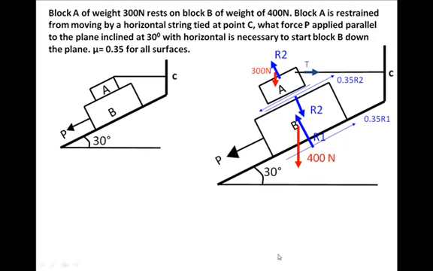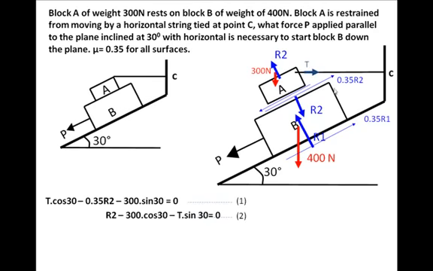So when we do that, for the first body, sigma Fx, that is all forces in the x direction, comes to T cos 30, because this angle T makes with this incline is 30, minus 0.35 R2, and minus 300's component in the plane direction, that is 300 sin 30. Similarly, in the y direction, it will be R2 minus 300 cos 30 minus the component of this T, T sin 30.